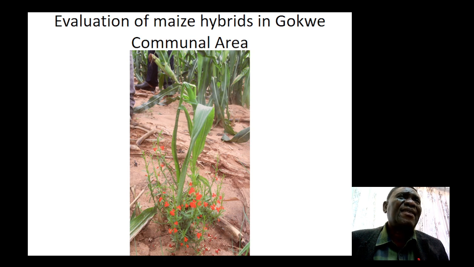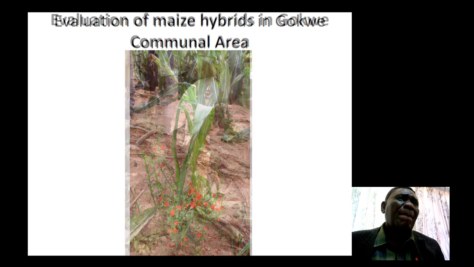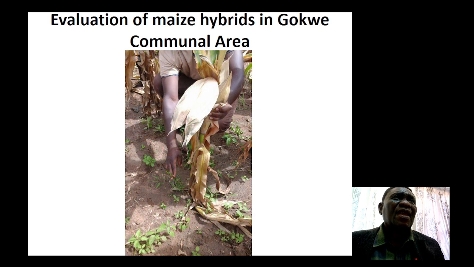Striga, this is now a maize plant which is very susceptible. You can see this maize cob, the good maize cobs. This is under field evaluation of maize hybrids in Gokwe. Here you cannot see Professor Gasura, but you can see his hands holding this cob.